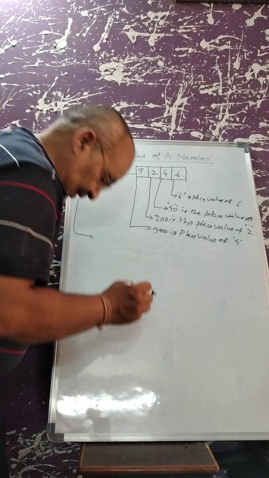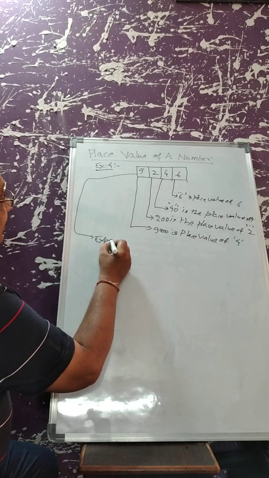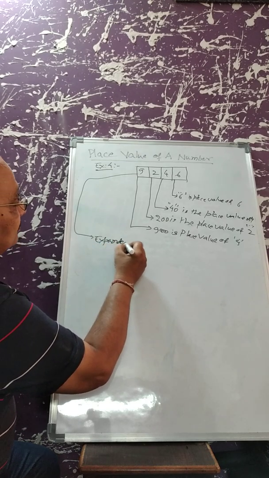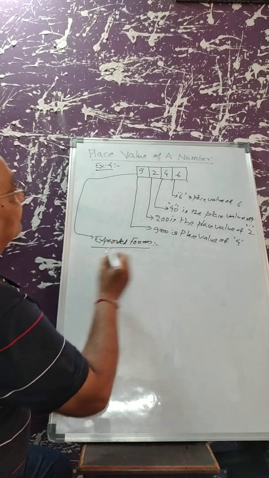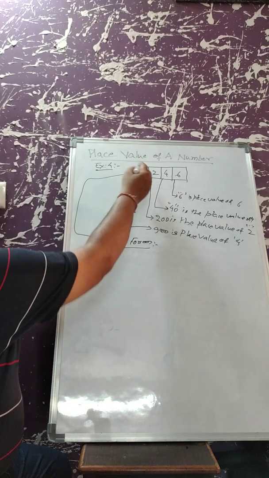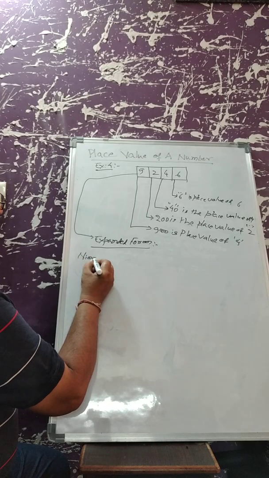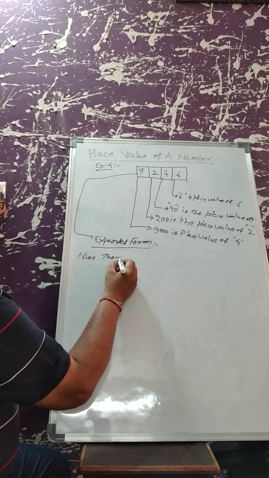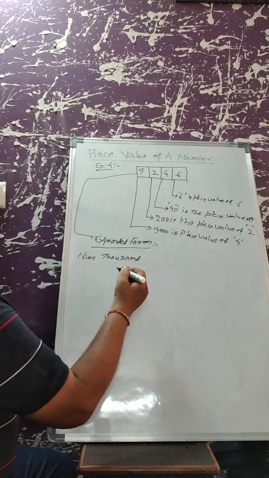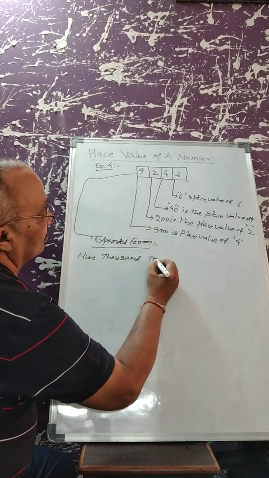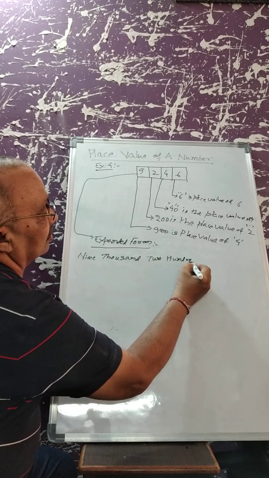Now we have to find out the expanded form. The expanded form will be, at the place of thousands it is 9, so write 9,000. Then at the place of 100 it is 2, so write 200.